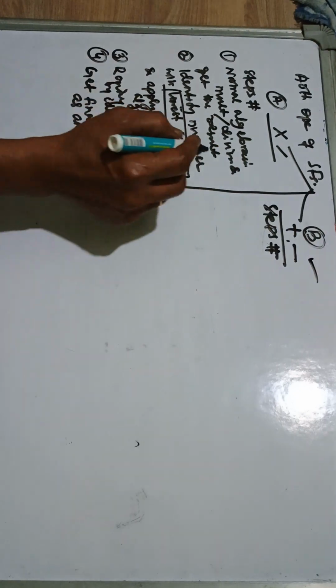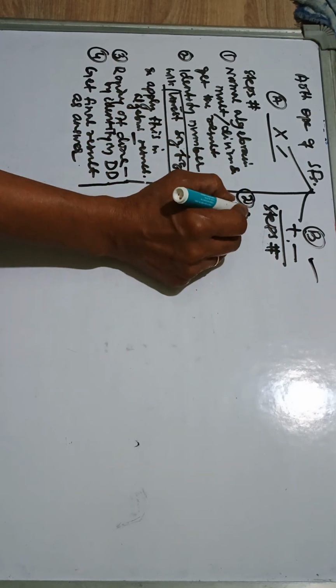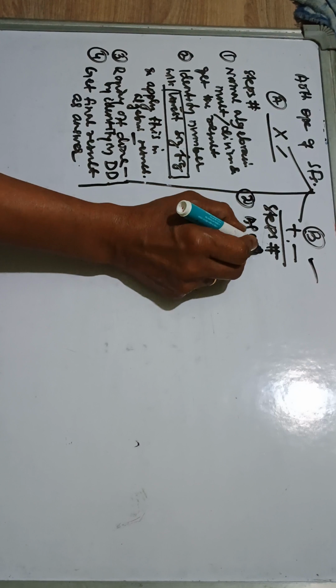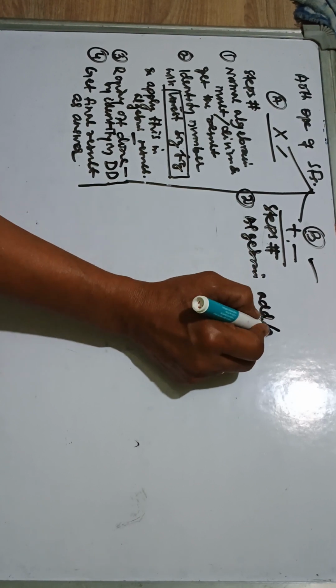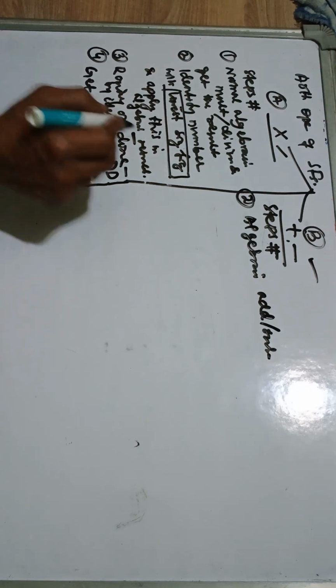For addition and subtraction, again the same: we do normal algebraic addition or subtraction of these numbers.